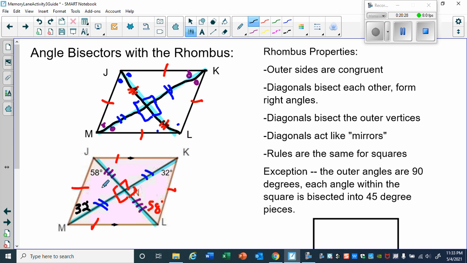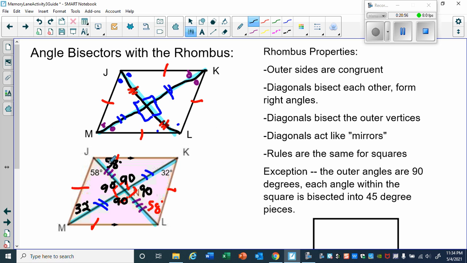So plus now we know we have a 90. And then think about again, just like mirrors. So these two sides are 90, 90, 90. And if this side's 58, so is this side.